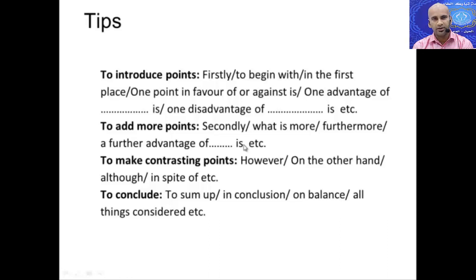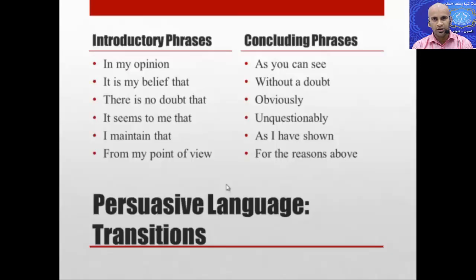These are some points to help you to give different points. To make contrasting points when you want to give opposite views: however, on the other hand, although, in spite of. These are all different phrases you can use to give an opposing point. To conclude: to sum up, in conclusion, on balance, all things considered. These are some phrases you can use to conclude your essay.